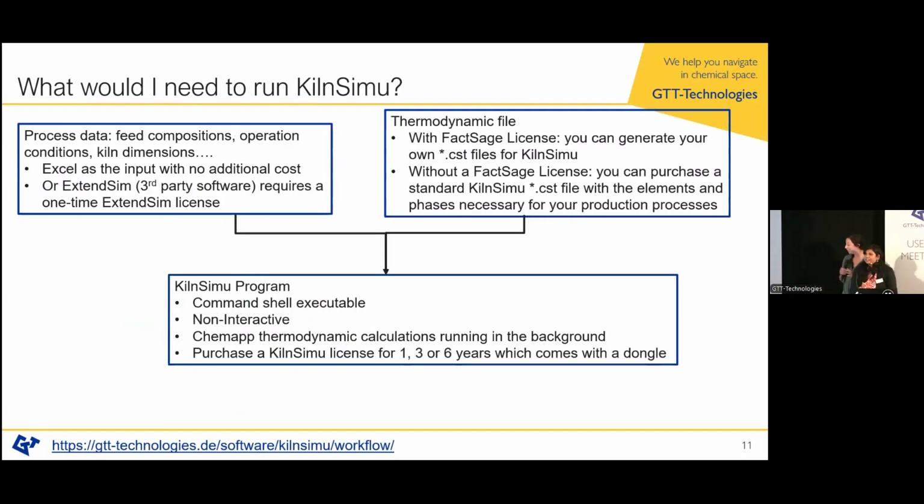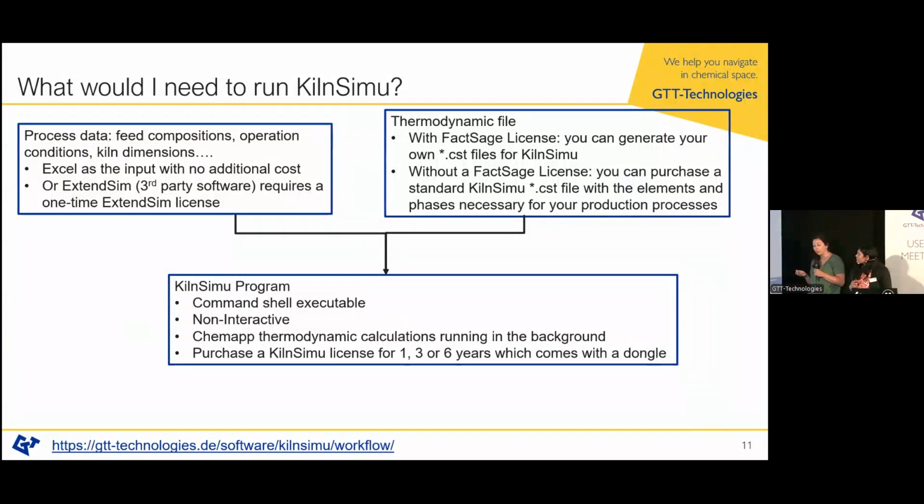So now that we have completely convinced you that you want KilnSimu, the question is, what do you need to have in order to run it? First of all, you need to have a FactSage thermodynamic file. You can either have a FactSage license and make your own CST files at any point for KilnSimu, or you can purchase a CST file from us that will run in KilnSimu.